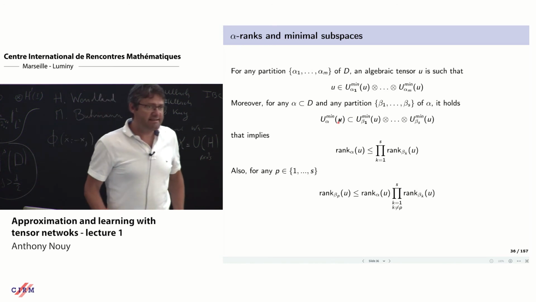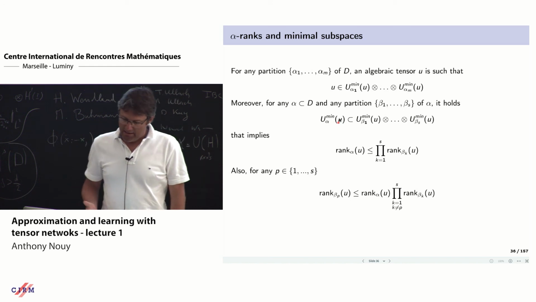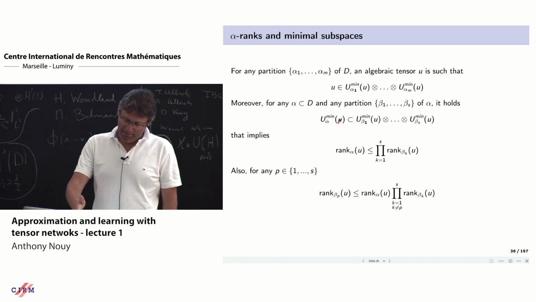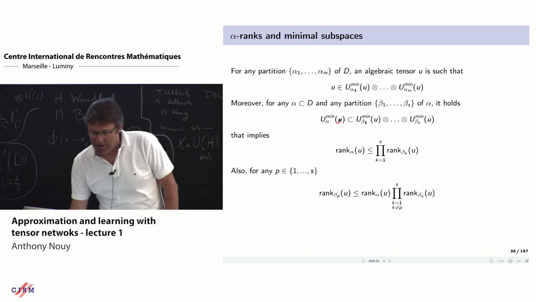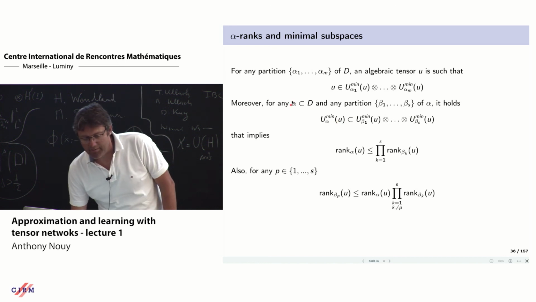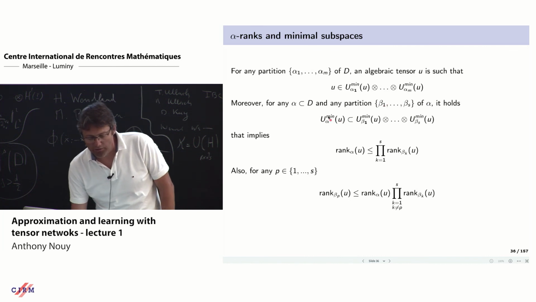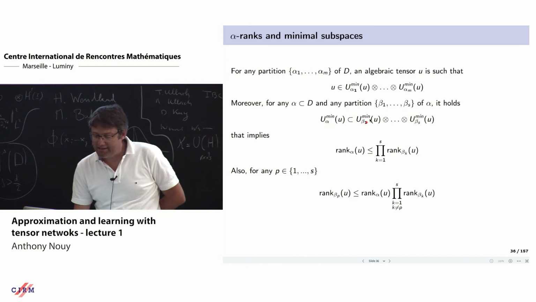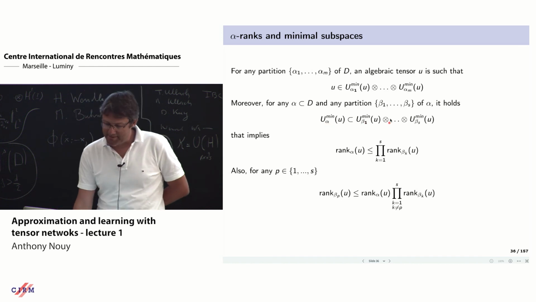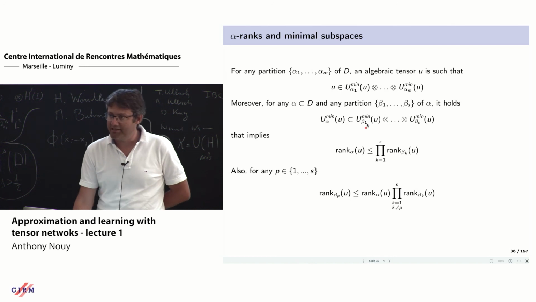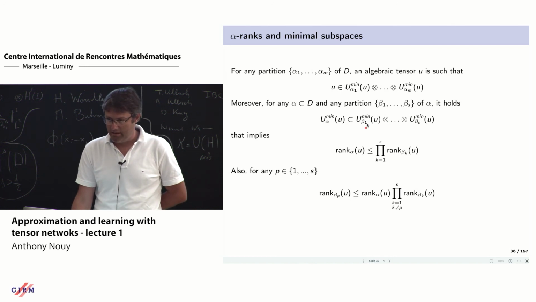The second property is that these minimal subspaces satisfy a hierarchy property. If you have a collection of variables alpha and you have a partition beta 1, beta 2, beta s of this alpha, it holds that the minimal subspace associated with alpha lives in the tensor product of the minimal subspaces associated with the elements of the partition of alpha.